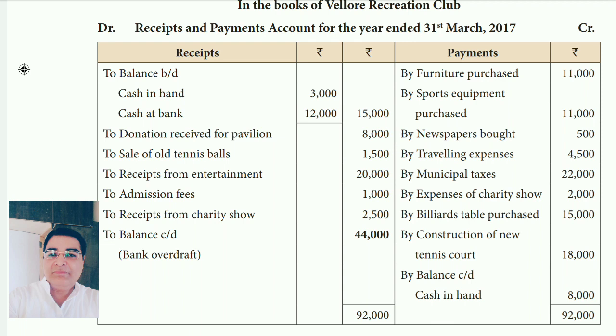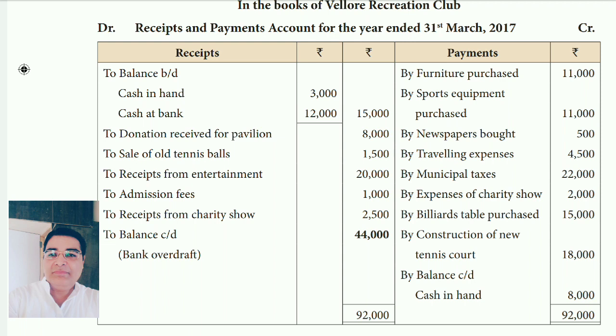What are the 3 items? Number 1, depreciation. Number 2, outstanding expenses. Number 3, accrued income. Number 4, sometimes bad debts also will not come. So these 4 items will not come, especially these 3 items will be given in the question.